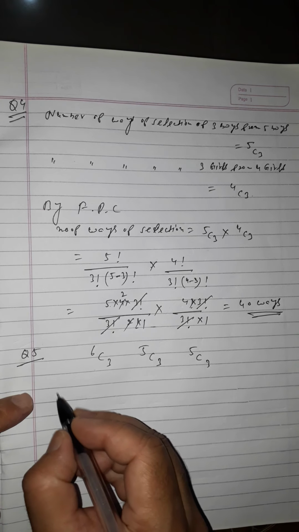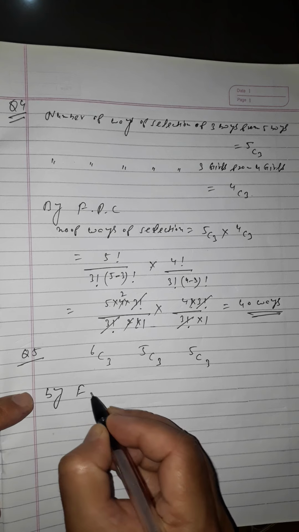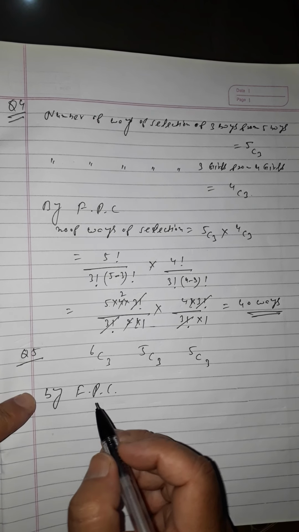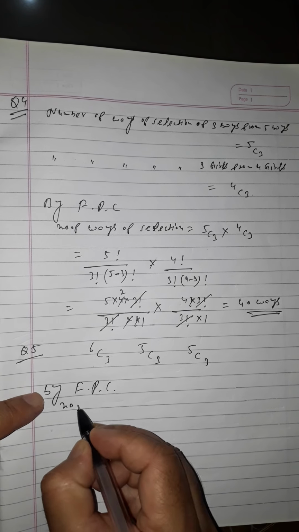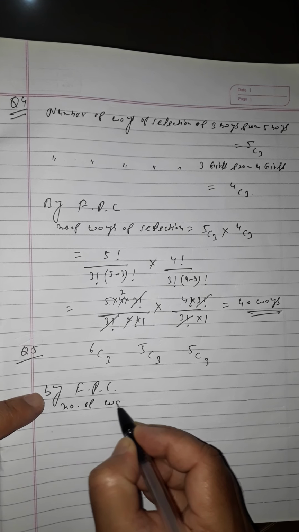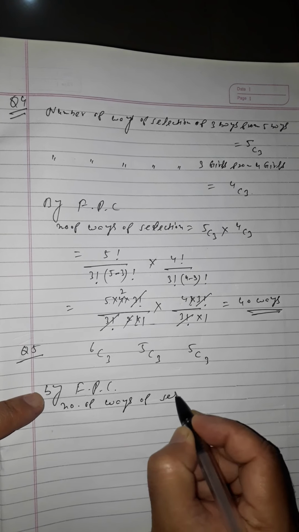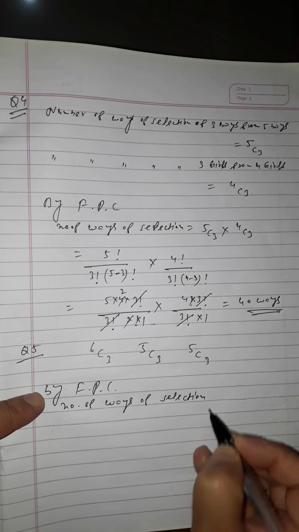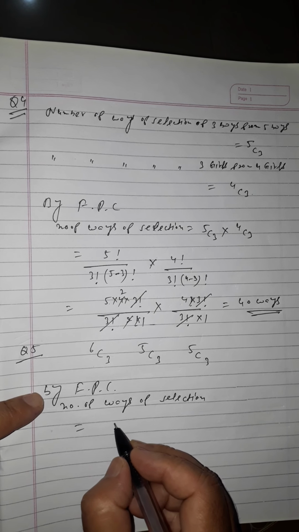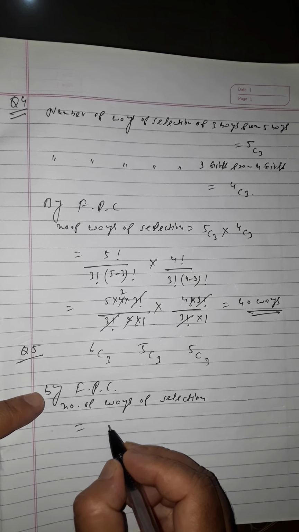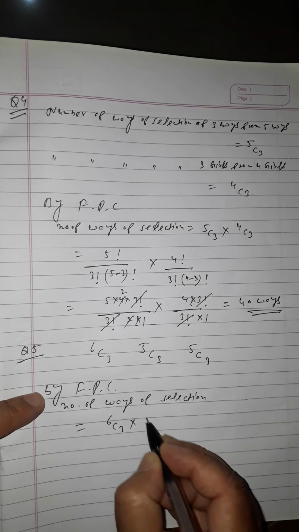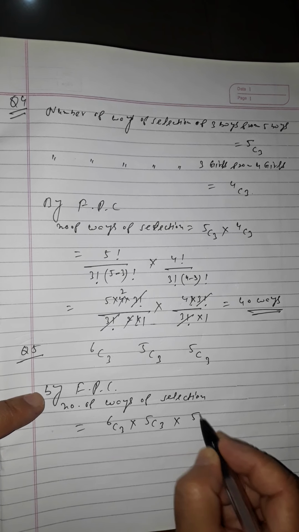Now by using the FPC, the number of ways of selection, what you will get? It will come as equal to 6C3 into 5C3 into 5C3.